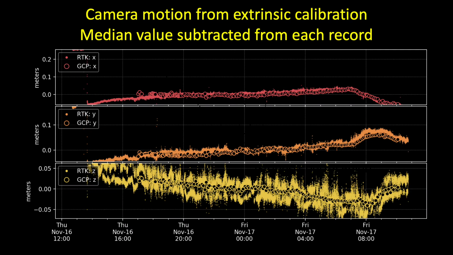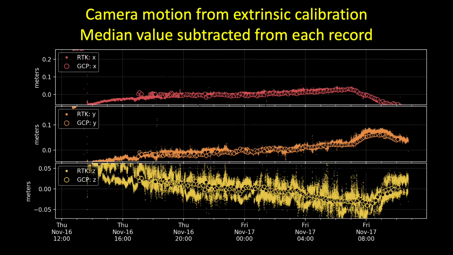The first thing we did is use an RTK, or real-time kinematic GPS, mounted on the camera to measure the position of the camera while simultaneously monitoring the images. And we then used the intrinsic and extrinsic calibration of the camera.